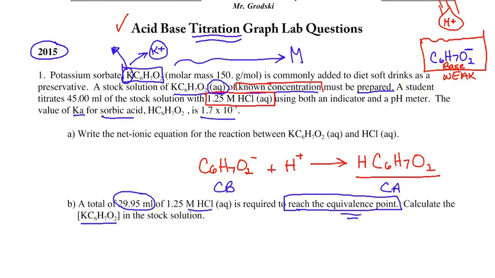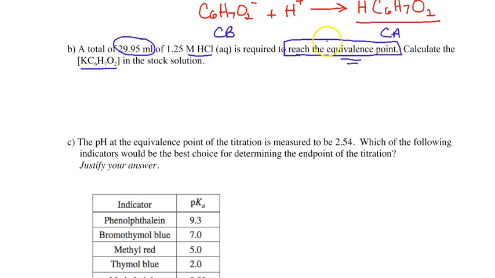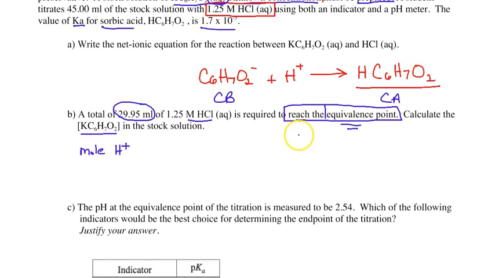All right, so what do I do here? Well, we've seen this before. Once I know the equivalence point, and I can know that with a pH probe, I'm going to find the moles of the acid that I added. Why? Because at the equivalence point, the moles of the H plus equals the moles of my base.